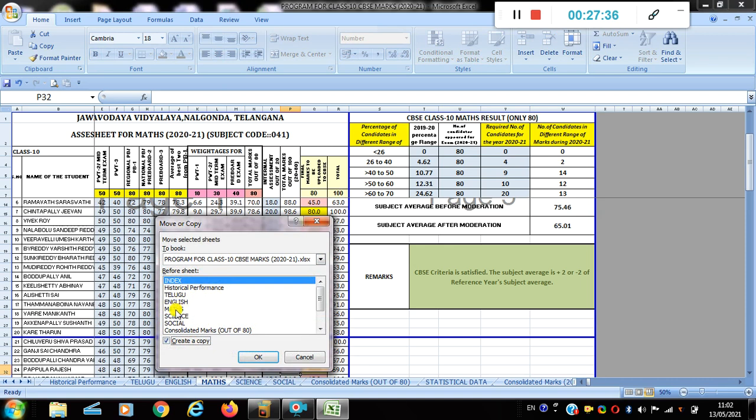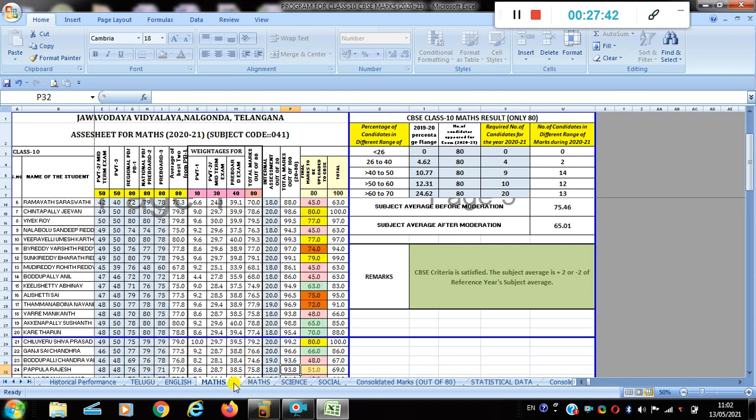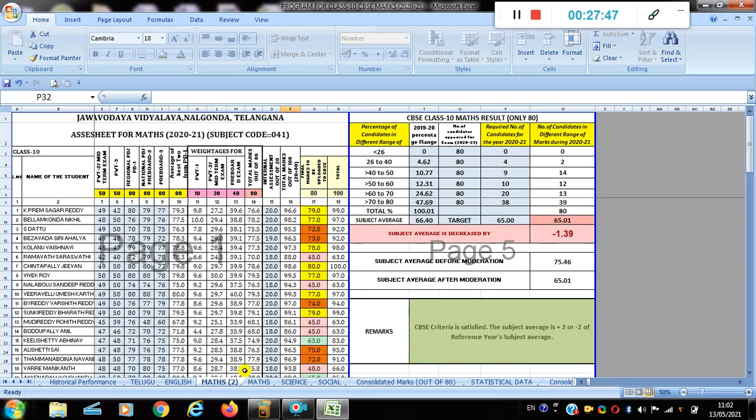Just before or after Mathematics you can select the sheet Maths, click on OK. A copy will be created. See, Maths 2, Maths 1. You can rename this Maths 2, and only basic mathematics students' names can be entered, and there you might have fixed their subject average also, and you can plan in such a way that their subject average is also tallied. So in this way you can do it.